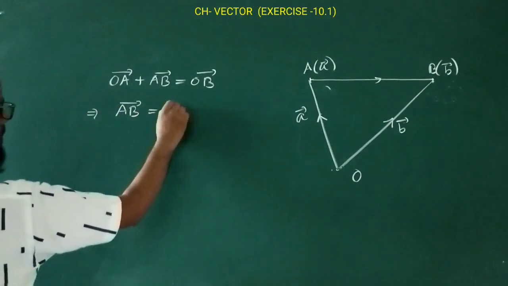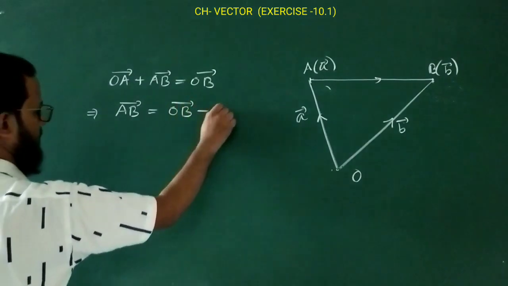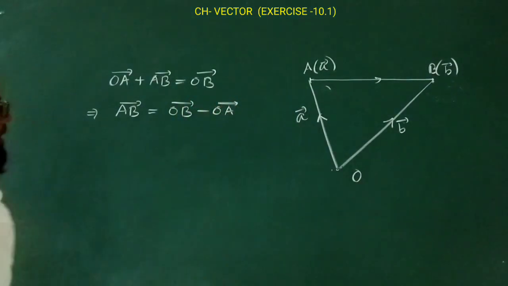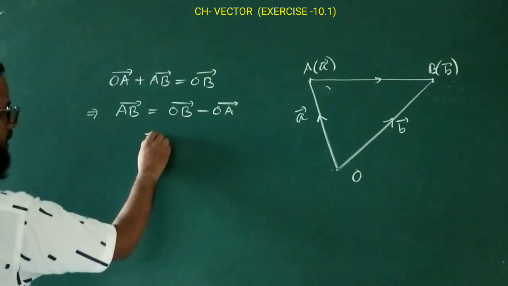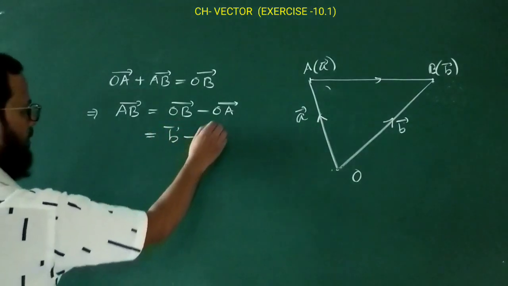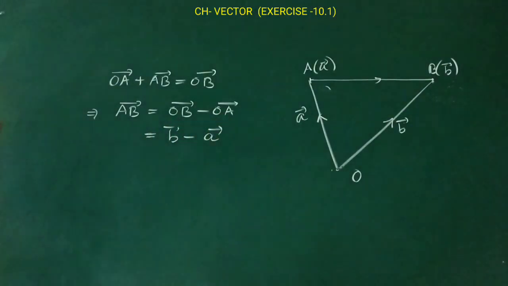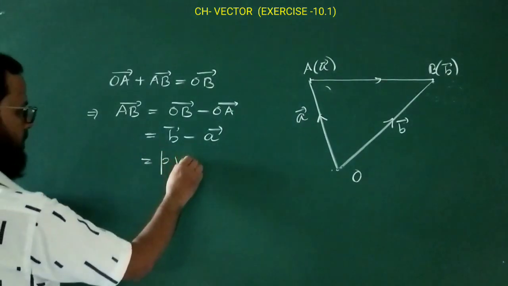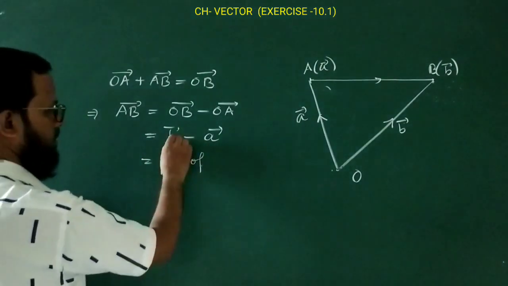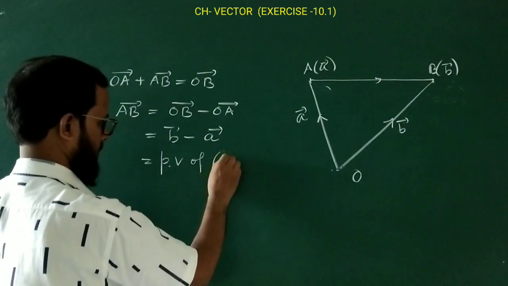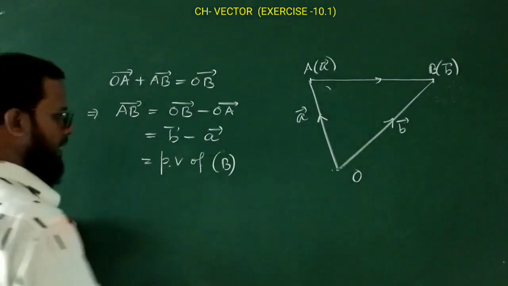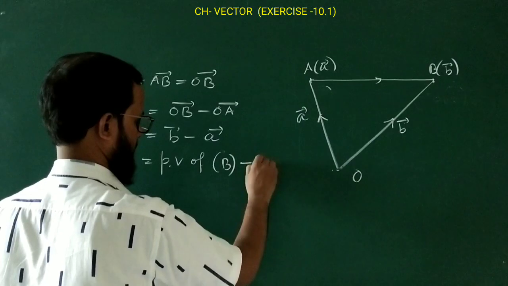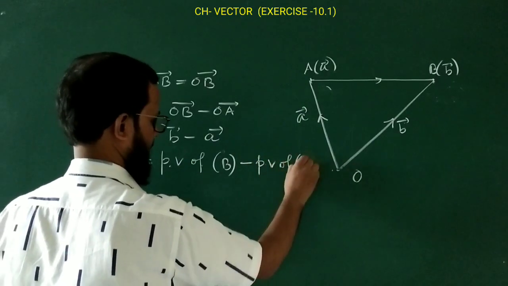AB vector is equal to OB vector minus OA vector, and OB vector is b vector, and OA vector is a vector, and b vector is the position vector of point B, and a vector is the position vector of point A.